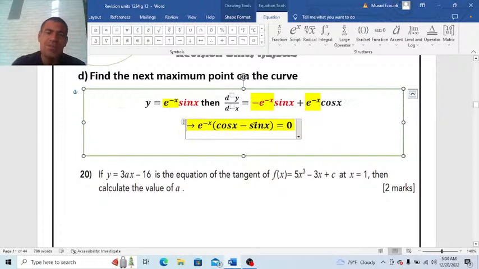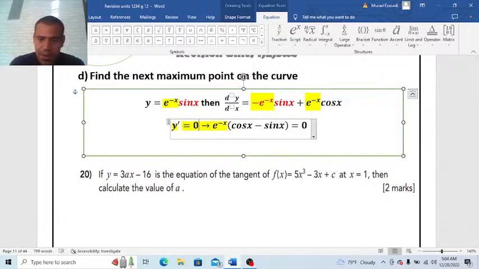The first derivative of the function, y dash equals 0, means that exponential minus x times cosine of x minus sine of x equals 0. Therefore, the first solution we found is pi over 4.